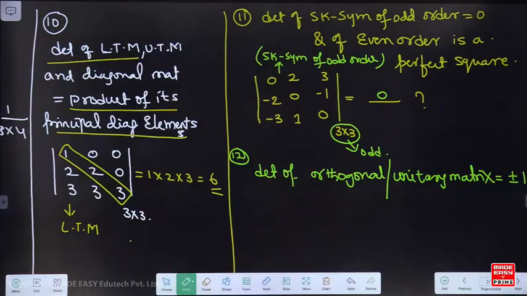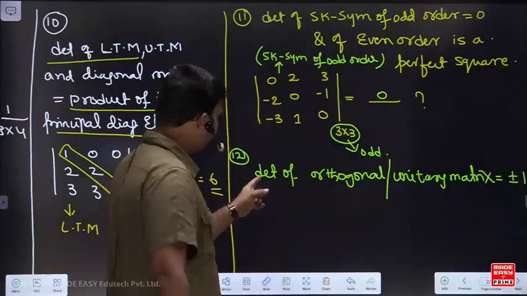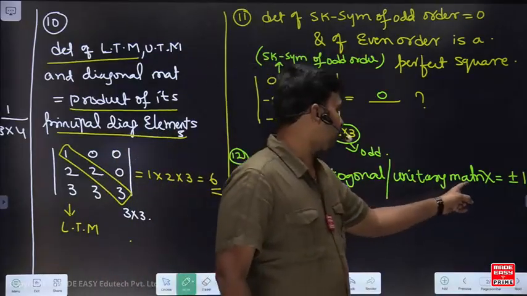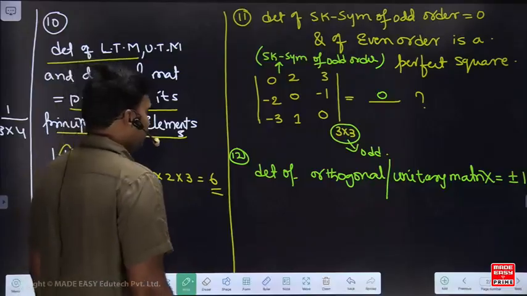Sandeep Maurya, your answer is wrong, beta. It is 0. Chalo. Next, the determinant of an orthogonal slash unitary matrix is equal to plus or minus 1 here, right?